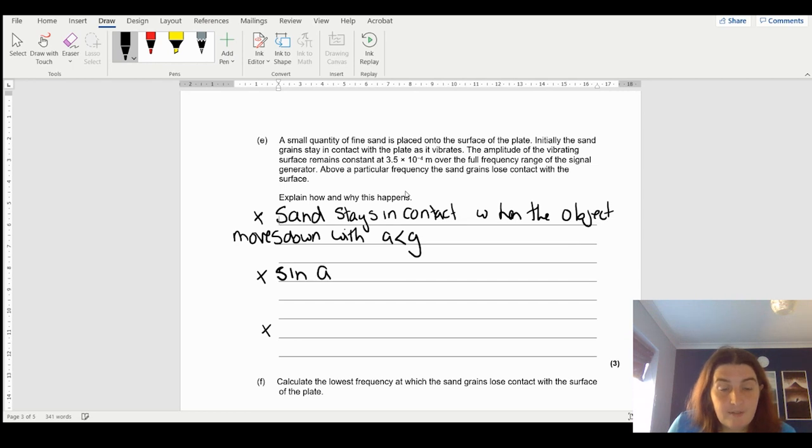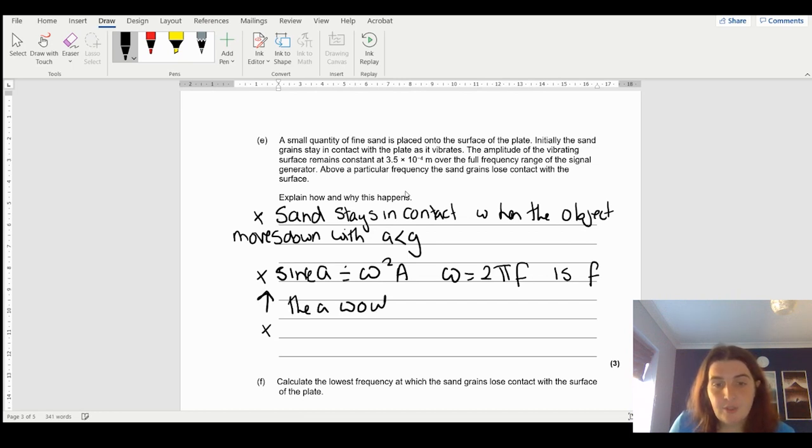Since acceleration equals omega squared a, and omega is 2 pi f, if the frequency increases, then the acceleration would too.